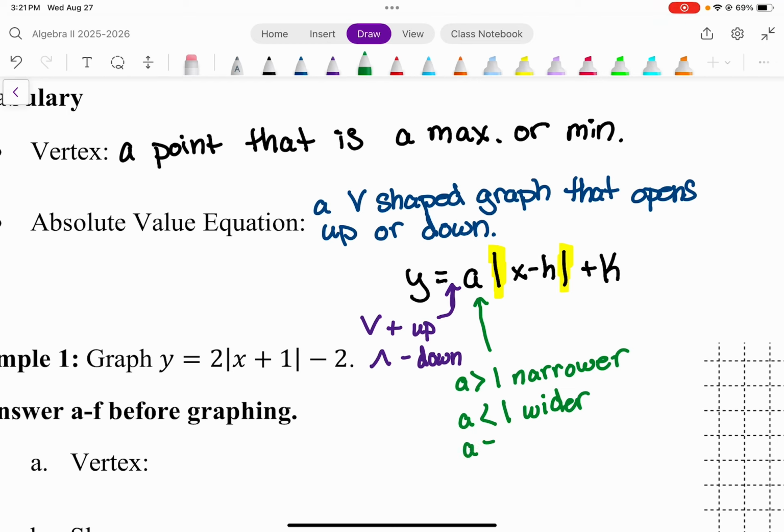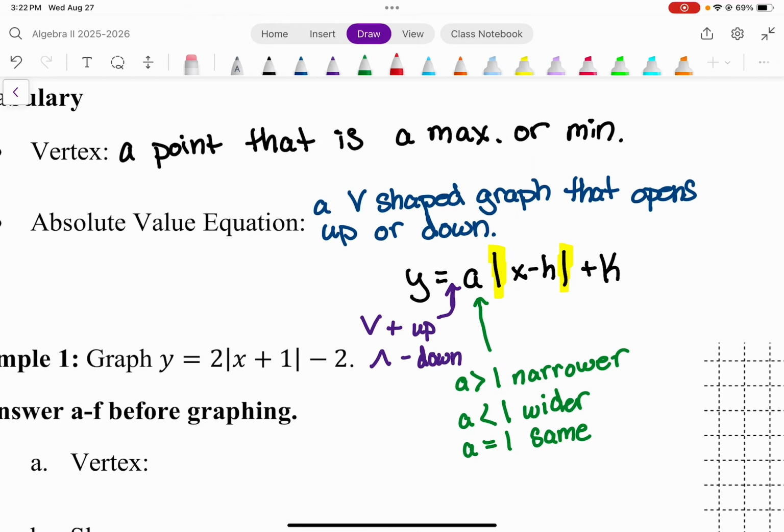Then if a is equal to 1, we're going to have a standard size graph, and we're going to compare it to the function f of x equals the absolute value of x. And when we compare it, if a is equal to 1, it's going to be the same. And again, when we are identifying if it's narrower, wider, or the same, we are ignoring the sign in front. The sign in front is just telling us if it opens up or down.